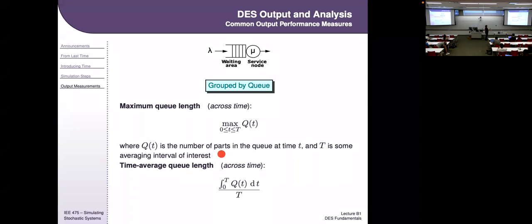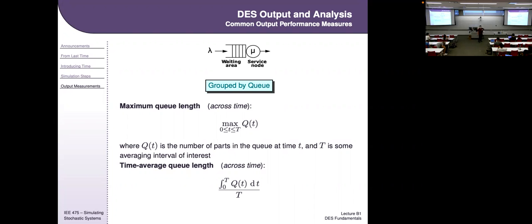If I take the queue length, which is an integer that moves around over time, I can take the area underneath that curve, and divide that area by the total time that I'm integrating over. That gives me a time average, where if the queue length is always 0, it'll be 0. If the queue length was always 1, then this will be 1.